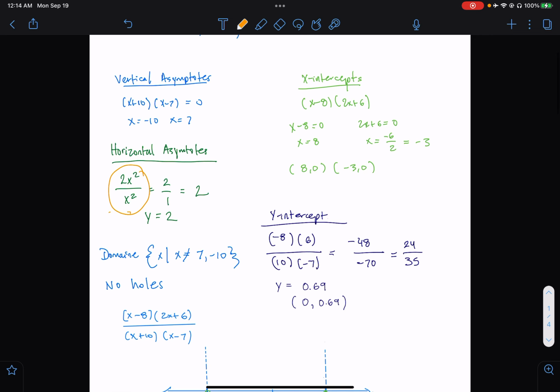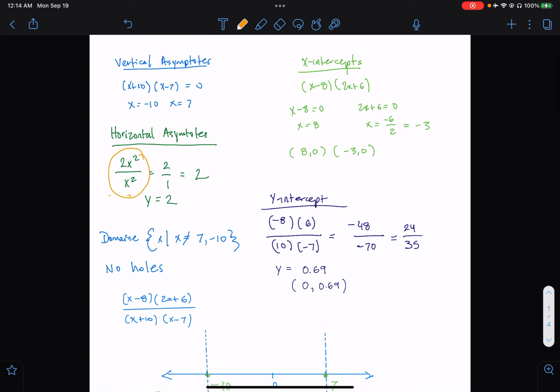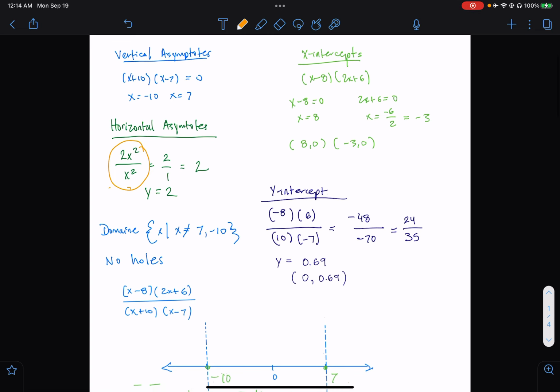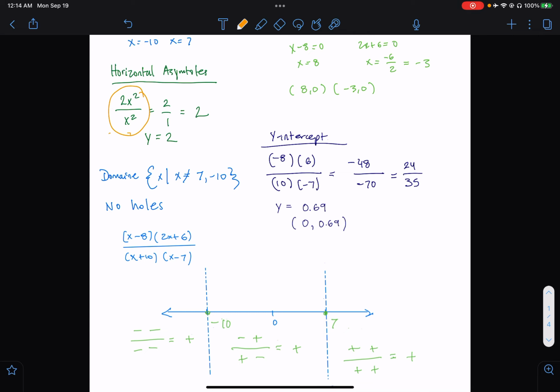And then just to get an idea of the direction of this graph and how it's going to behave, I made a quick number line here. I included both my vertical asymptotes of 7 and -10. And then I basically found any number that lies in each of these different sections on this number line to find out if the graph will behave in a positive or negative direction.